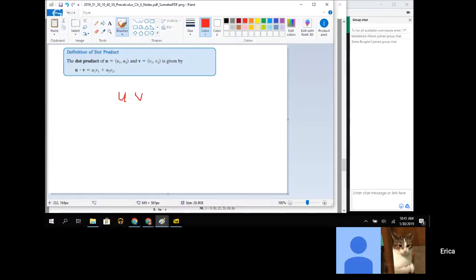If you have one vector that is u1, u2, and the other one that is v1, v2, and you multiply them together, you are going to get a scalar number. So when you multiply two vectors together, you get a number.